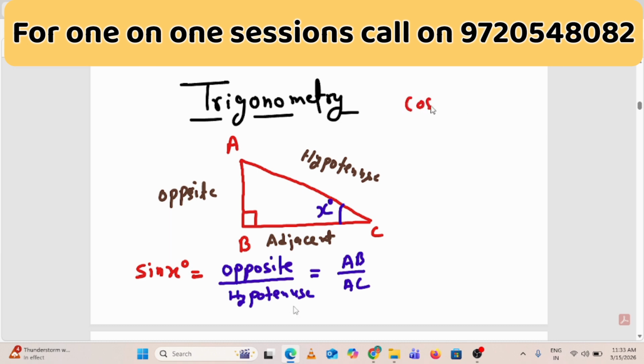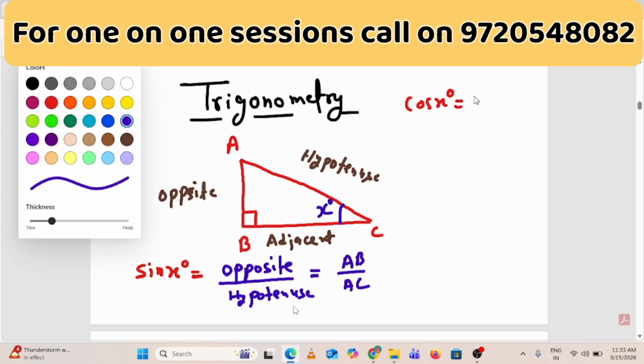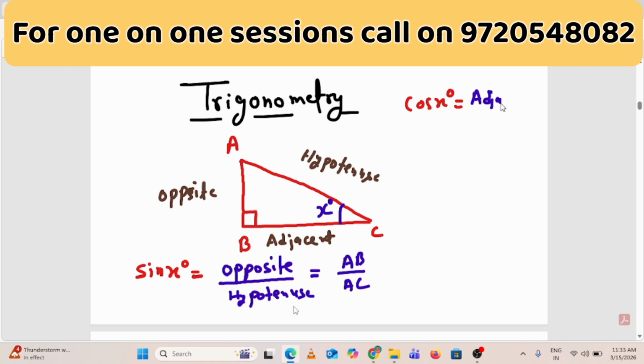And cos of X is equal to adjacent over hypotenuse, so you can write this BC over AC.